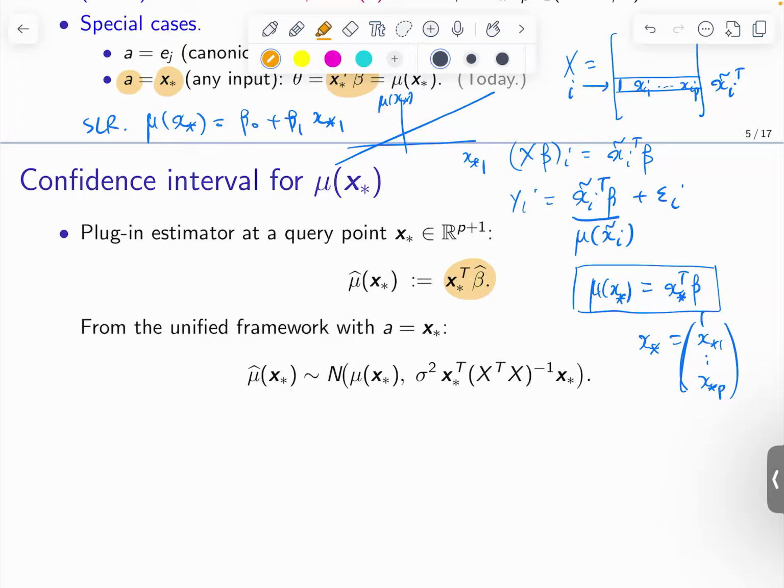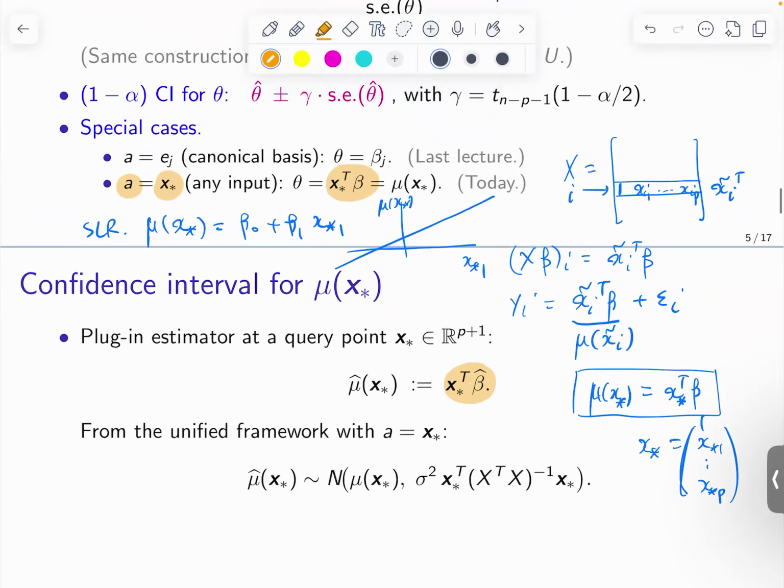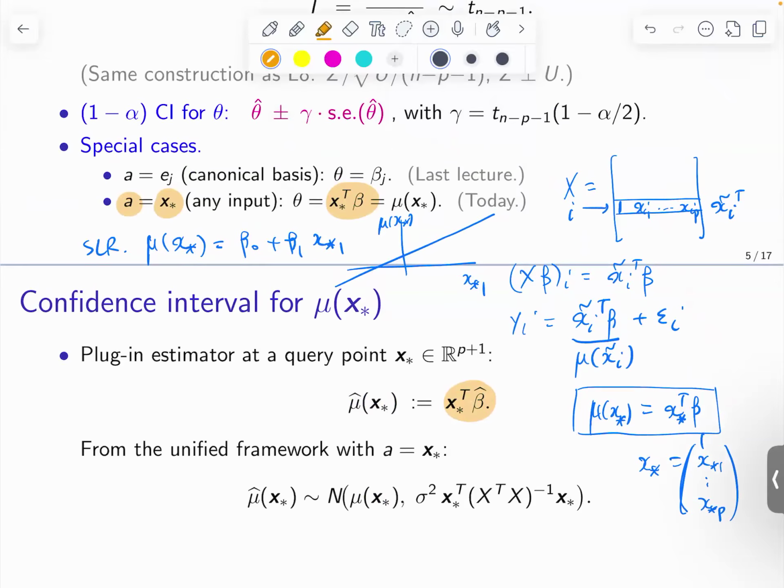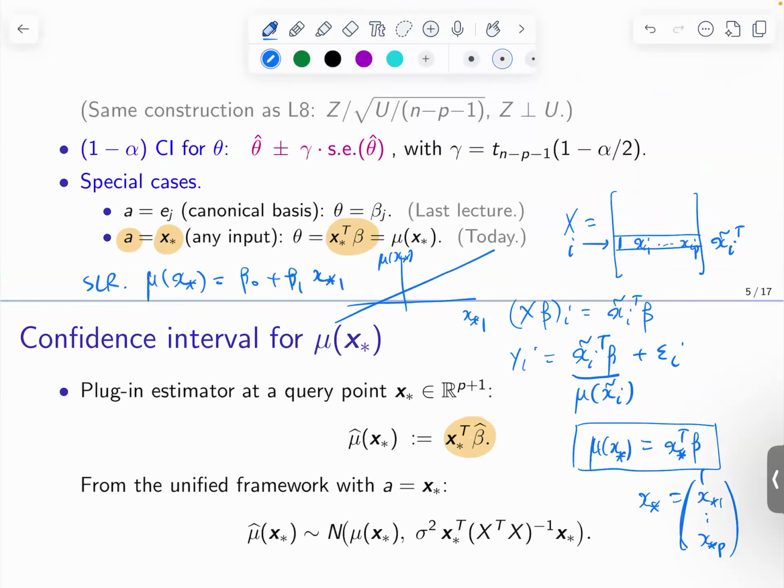Yes, so the canonical basis is not a vector of ones. Okay, the canonical basis vector has a single one in the j-th coordinate, and the rest is zero.